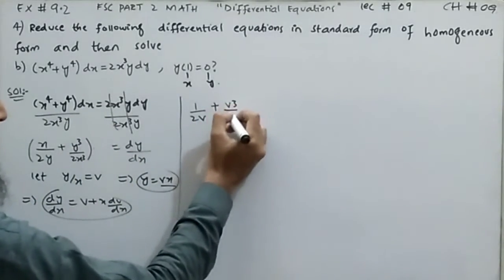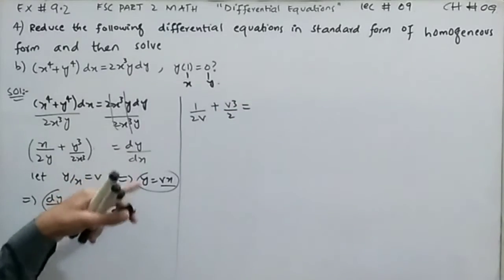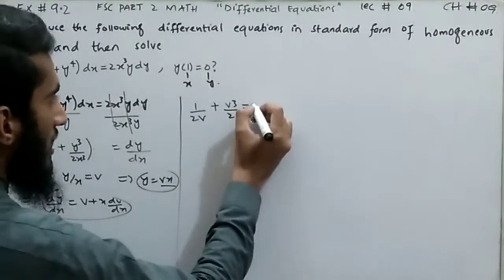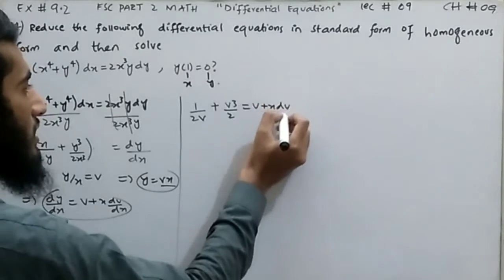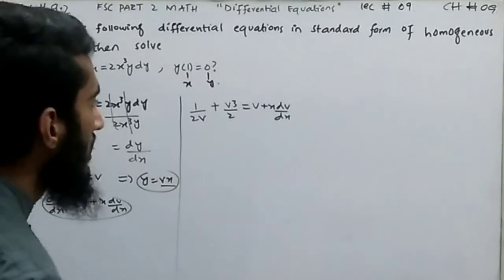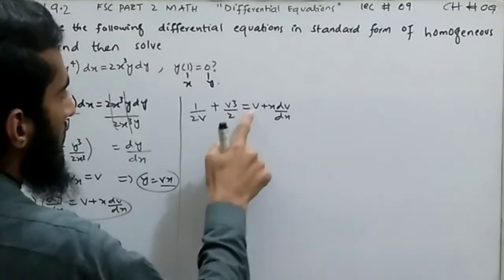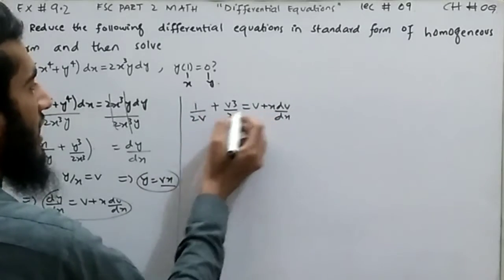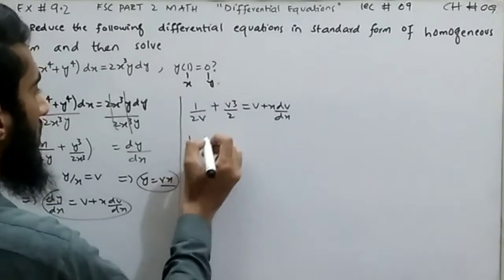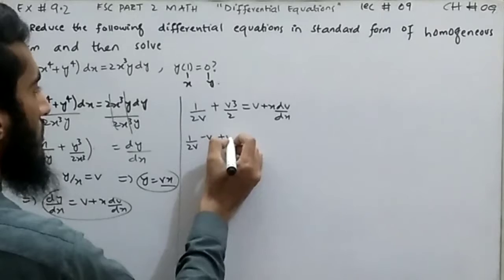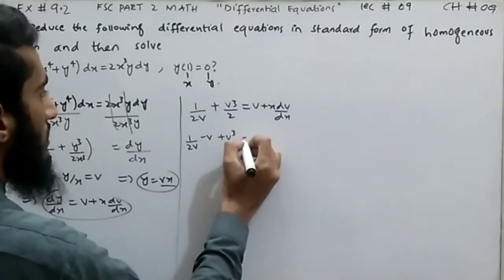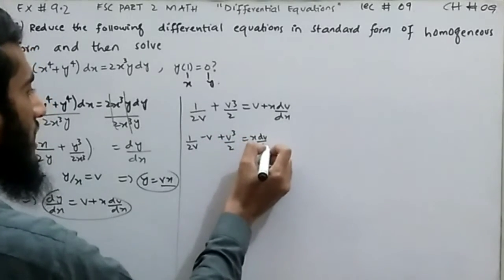So v cube by 2 is equal to dy by dx, which is actually v plus x dv by dx. Now after this, shift this v on this side, it becomes negative v. So 1 over 2v minus v plus v cube by 2 will be equal to x dv by dx.